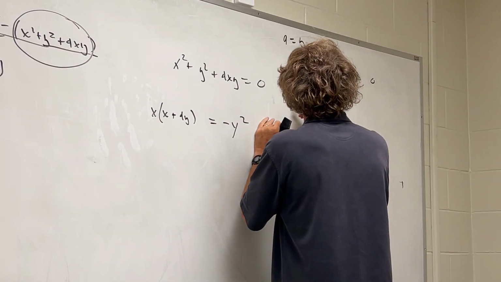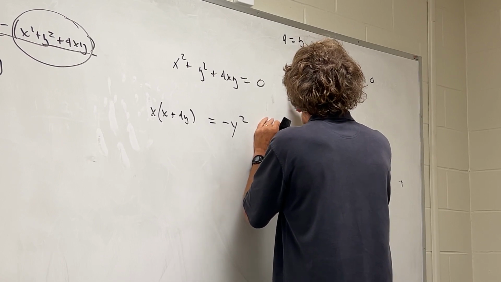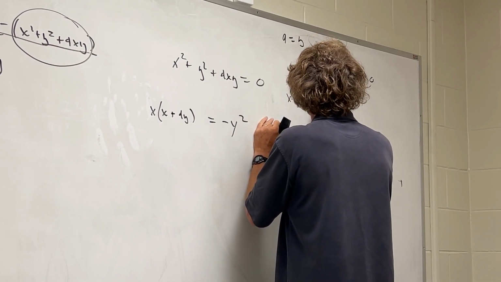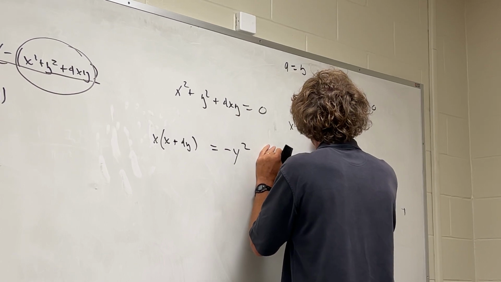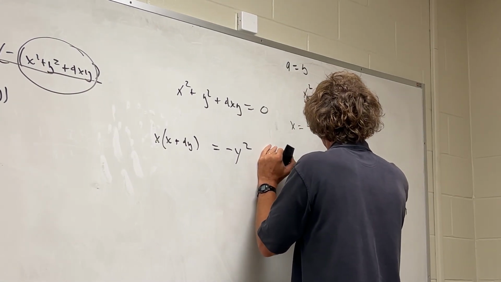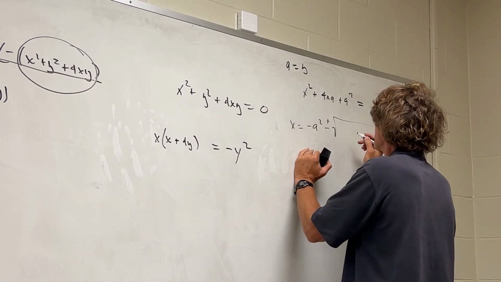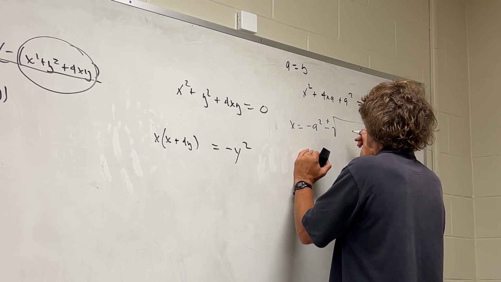And the roots of this: x equals minus b, plus or minus the square root of b squared minus 4ac, all over 2a.